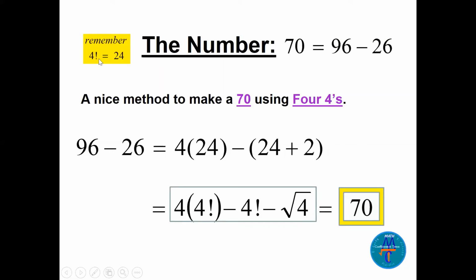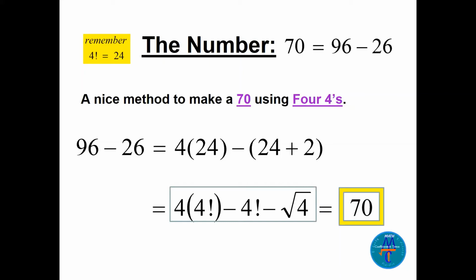You see 24? 4 factorial, that's very nice number that has 4. Because 4 times 3 times 2 times 1 is 24. 4 factorial. So any number multiple like 2 times 4 factorial, 3 times 4 factorial, 4 times 4 factorial, I can use that.